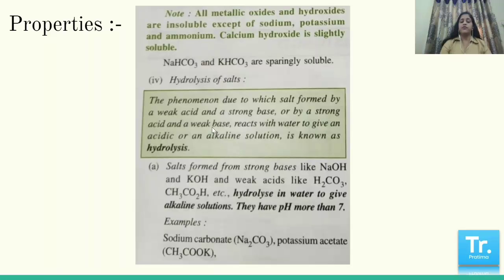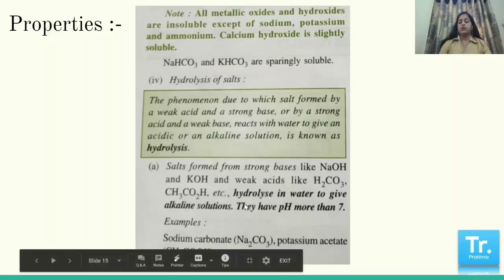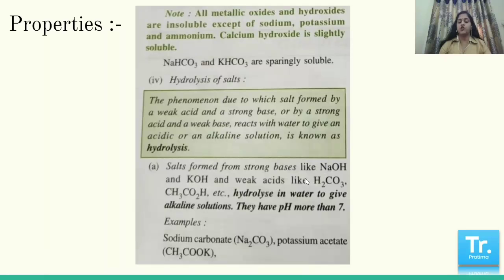If it is a weak base and a strong acid, the solution will be acidic. So the salt formed by strong bases like sodium hydroxide and potassium hydroxide, and weak acids like carbonic acid or acetic acid, on hydrolysis will give you a pH value more than 7. That means alkaline, because these are strong bases.